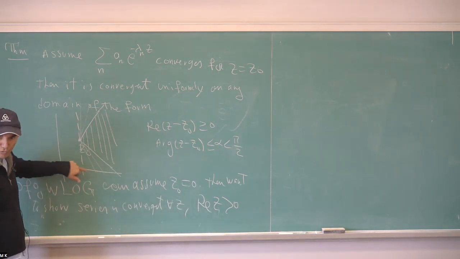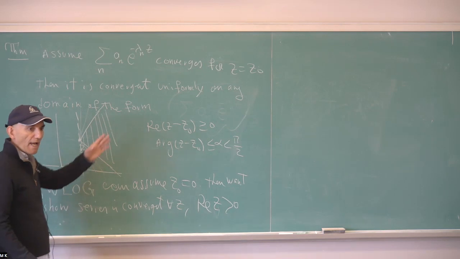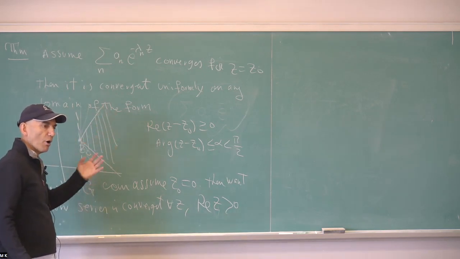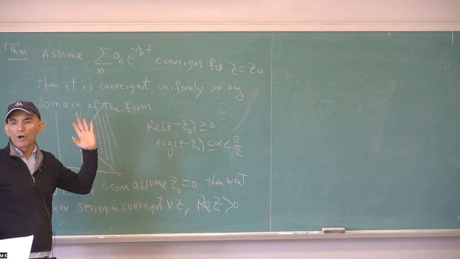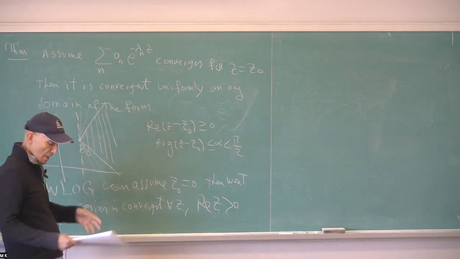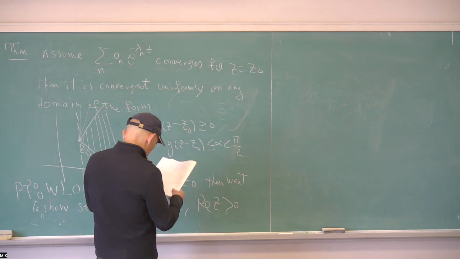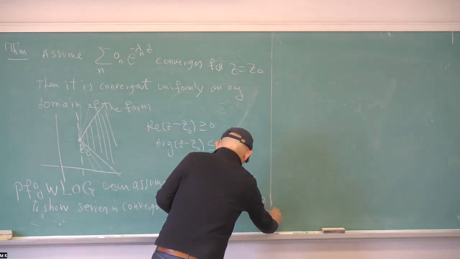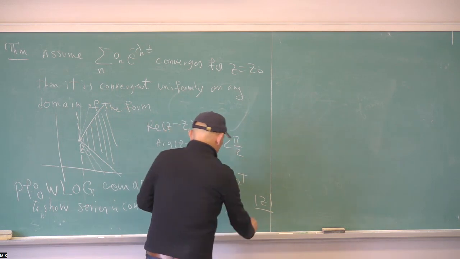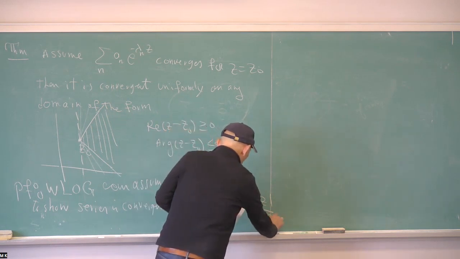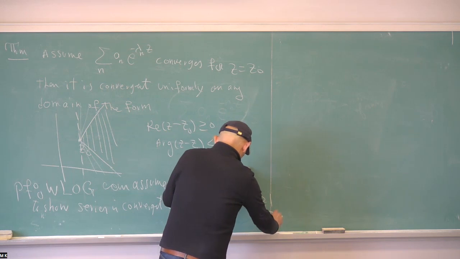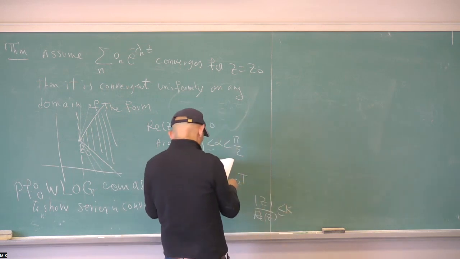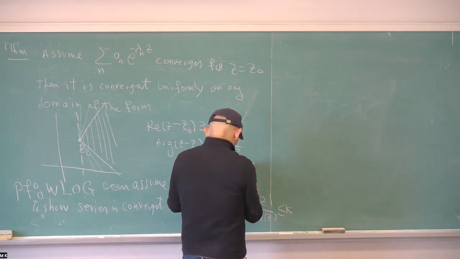For all points whose real part is positive and that are located inside a wedge of arbitrarily large but less than pi over 2 opening, that wedge you can describe as the absolute value of z over the real part of z less than or equal to k, for some k.